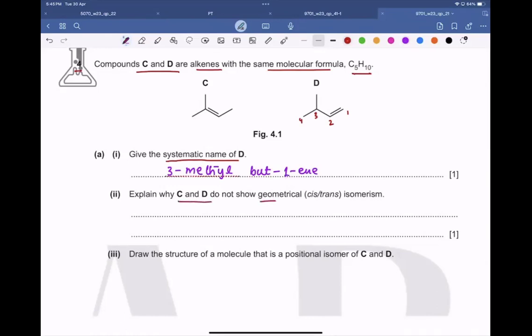Explain why C and D do not show geometrical isomerism. Okay, because if you see this carbon is bonded to 2 hydrogens, and this carbon is bonded to CH3 and CH3.